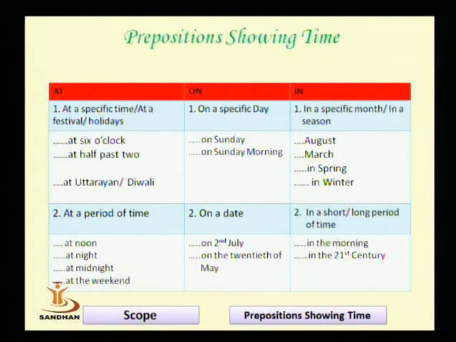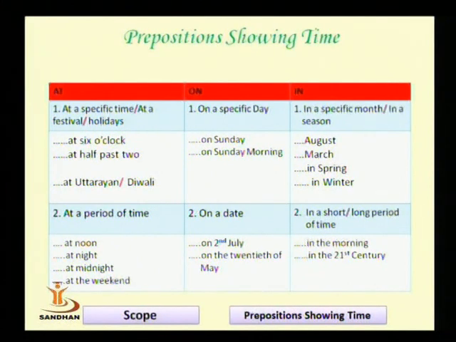First, I am going to revise. One can use at for a specific time, holidays and festivals, and in the same way at a period of time. These are the rules for the preposition at.